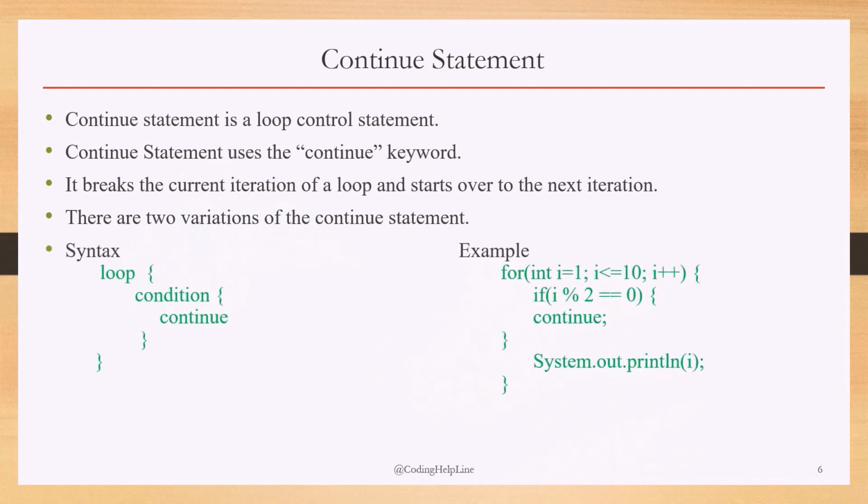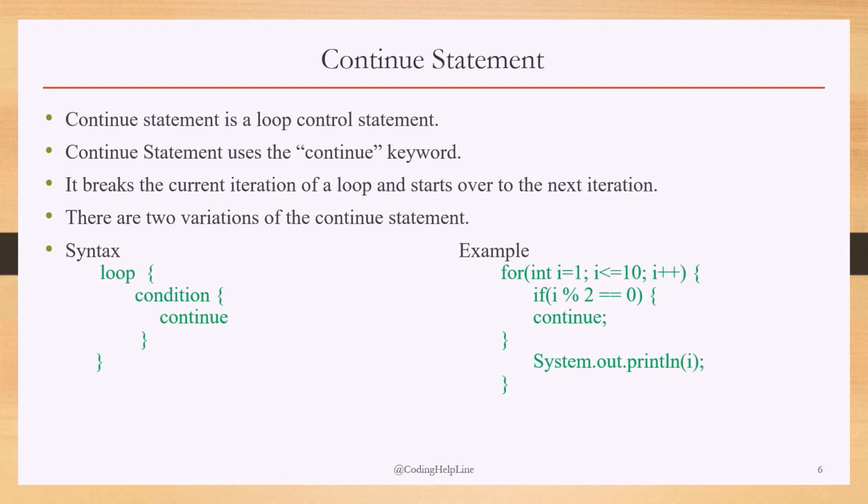In the first variation, this is a loop. It can be while, do while, or for loop, any loop, and this is a condition because we conditionally stop the iteration of the current loop.